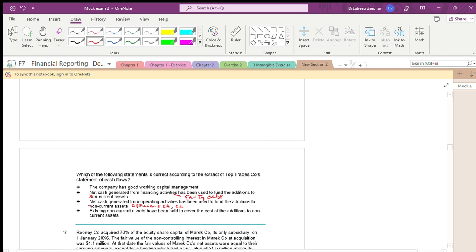Existing. No, one minute. Net cash generated from operating activities.